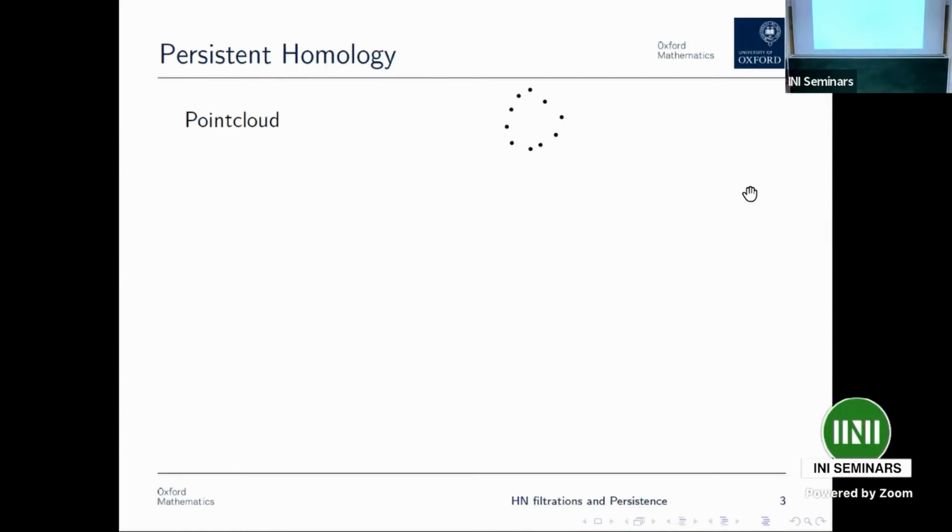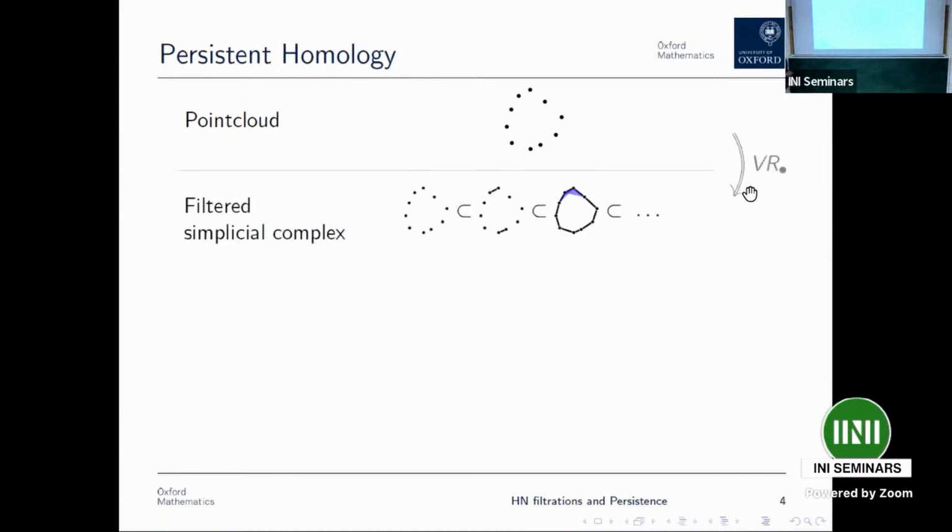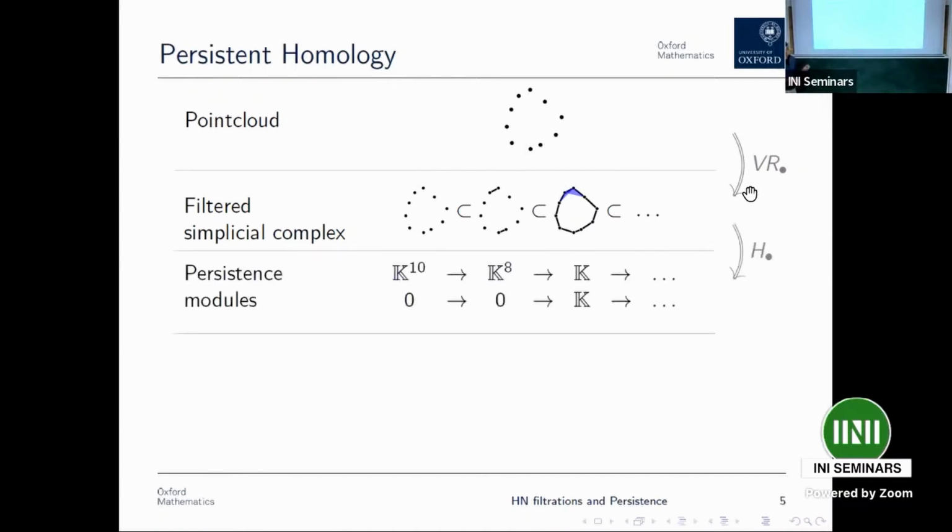The main steps of this pipeline are, first, to transform this bunch of points in a metric space into a combinatorial object, which is a filtration of simplicial complexes. The second step is to take the homology of this filtration of simplicial complexes so as to get what's called persistence modules.